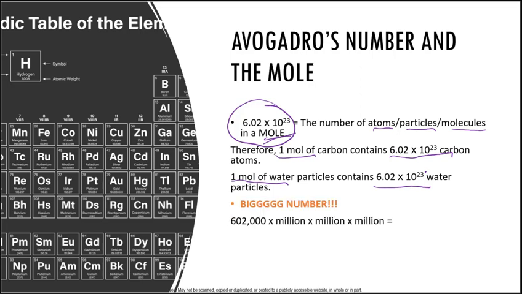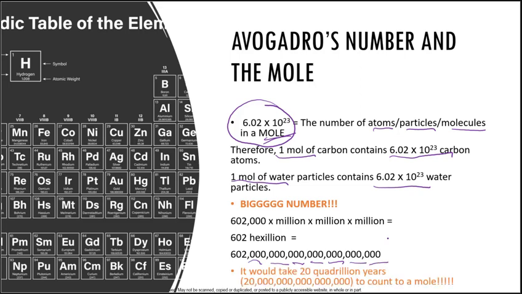It's a huge number. That number is equal to 602,000 times a million times a million times a million, which is 602 hexillion, which is 602 with 3, 6, 9, 12, 15, 18, 21 zeros after it.